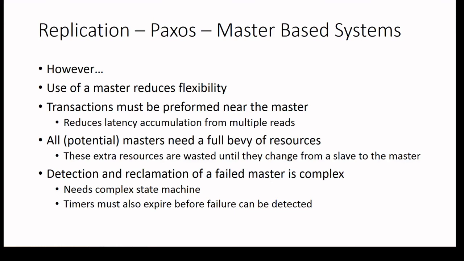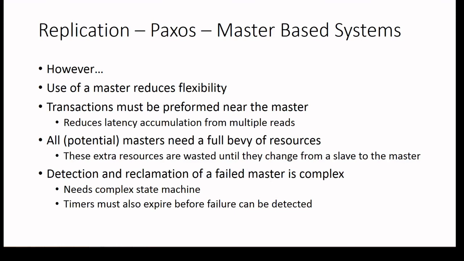Because everything has to go through the master, you want a very small amount of network latency connecting your non-master nodes with your master nodes. Otherwise, if you got a master node on one side of the planet and a servant node on the other side, then it's got to traverse the whole planet to get there. That's a large amount of latency. So they got to be physically located near each other.